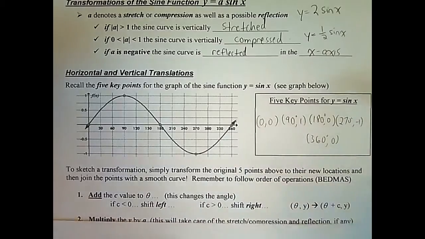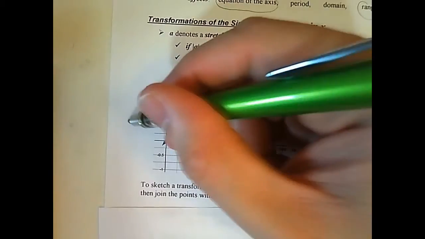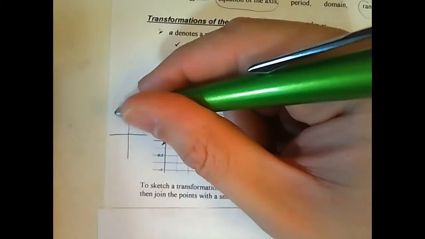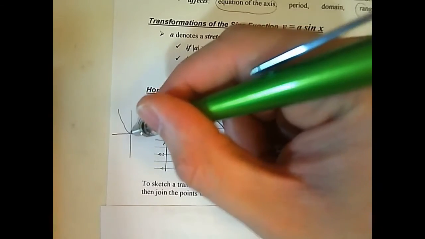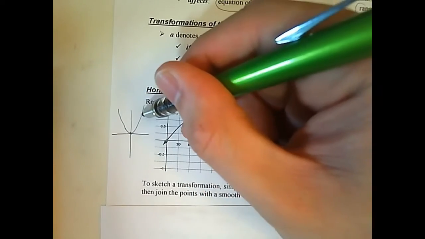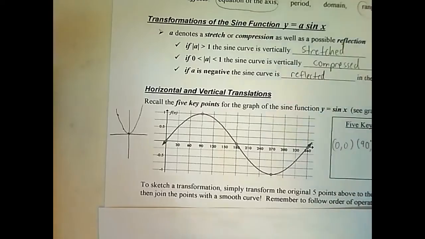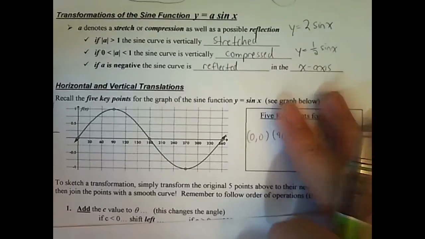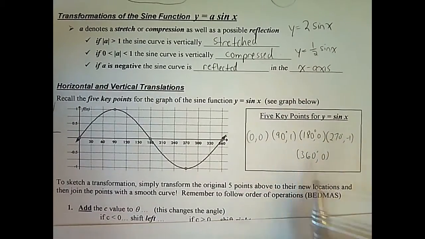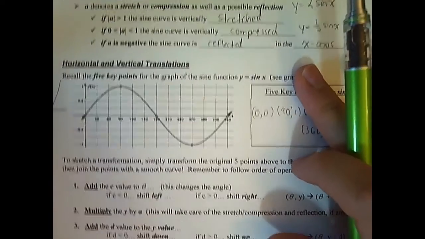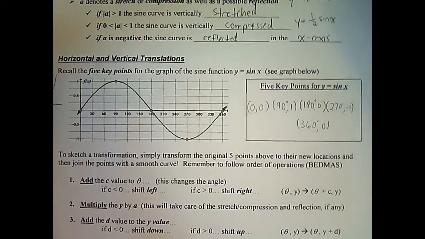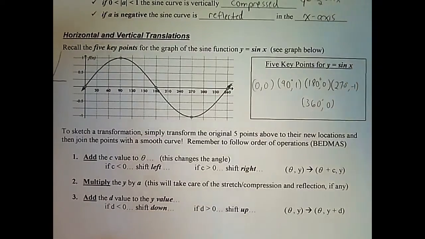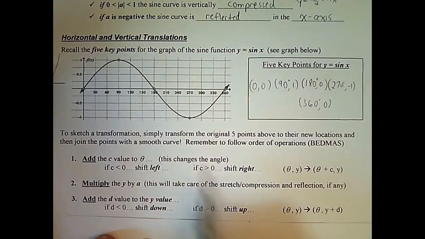Just like remember for our parabolas, our parent function had the points 0, 0, 1, 1, negative 1, 1, 2, 4, negative 2, 4. These are key points for the sine function. That's good to remember. So to sketch a transformation, we're going to simply transform the original 5 points to their new locations, and join the points with a smooth curve.